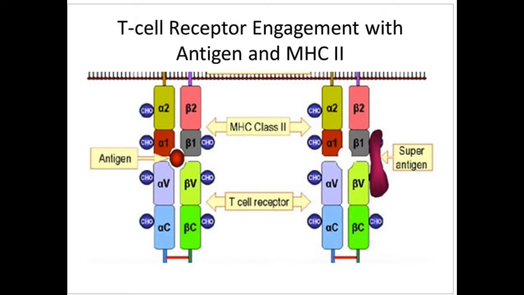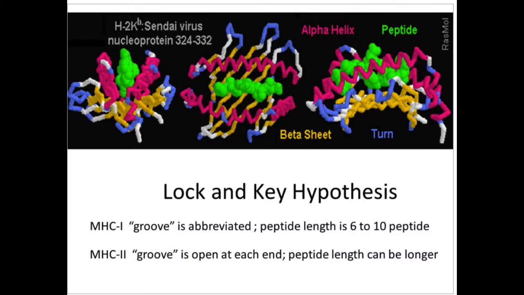Okay, so that's really two completely different ways of activating the cell. Typically, it's the T cell receptor that does that. Superantigen is just sort of an odd variant. So on the top, you can see where the green peptide fits into the MHC molecule, and there's a groove in the MHC molecule that the peptide can fit into.